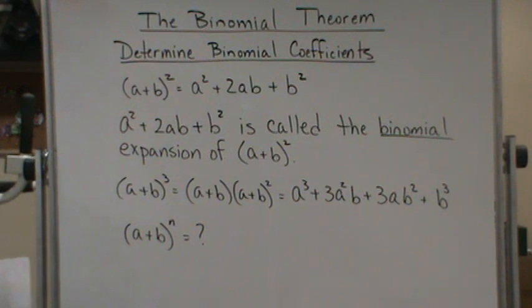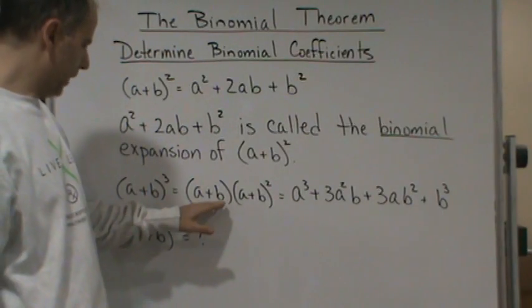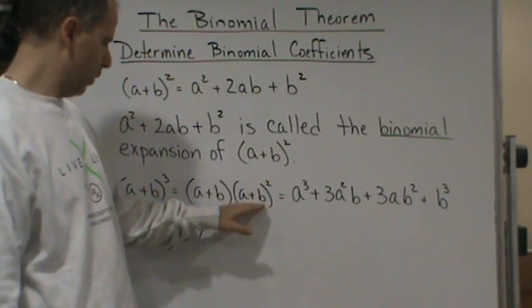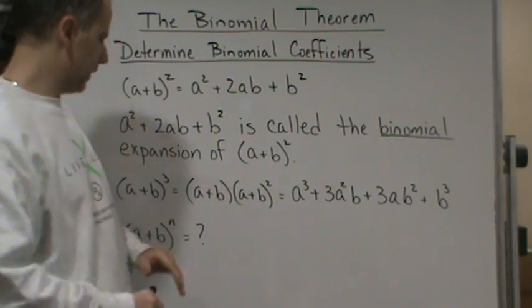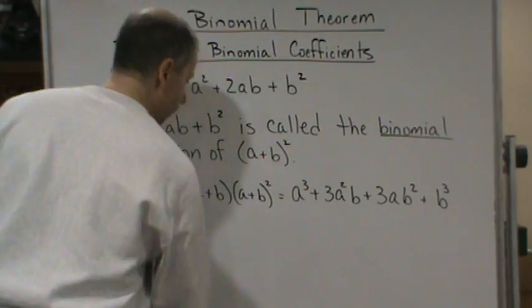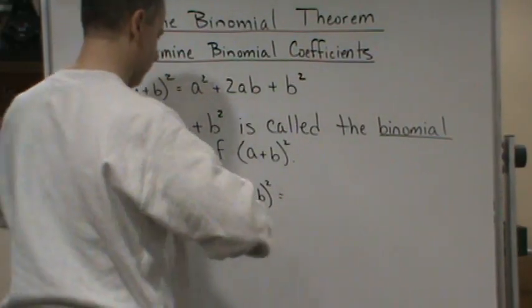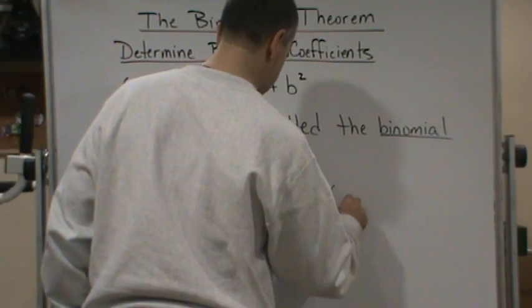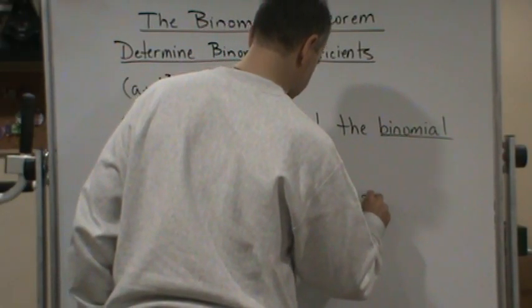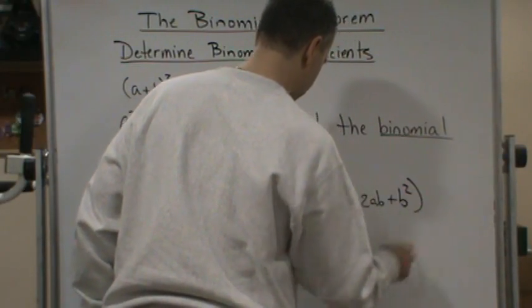We can also do it similarly with (a + b)^3, right? So we can write (a + b)^3 as just (a + b) times the quantity (a + b)^2. And we know what (a + b)^2 is, right? So this is just (a + b) times (a^2 + 2ab + b^2), right?